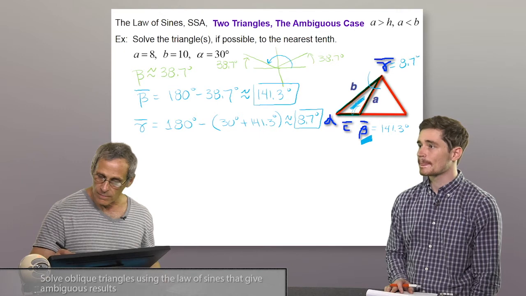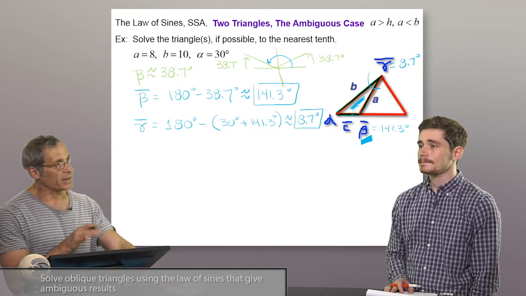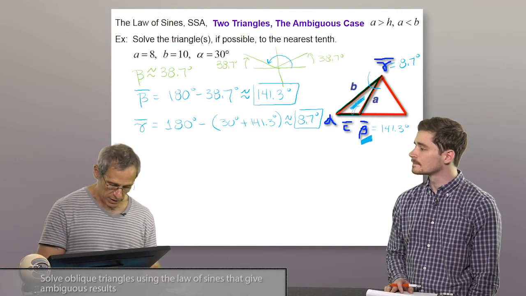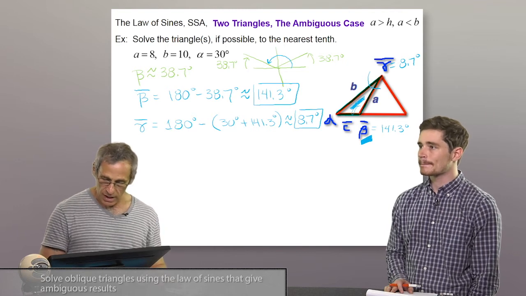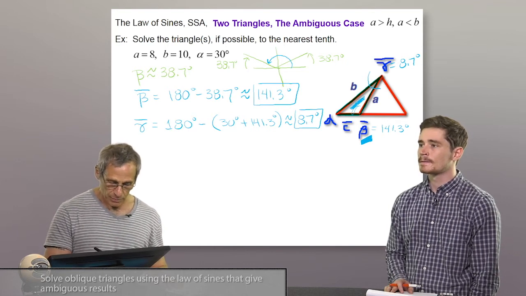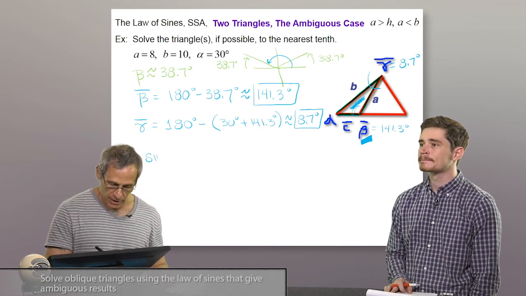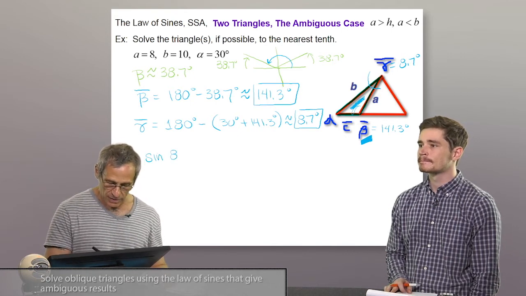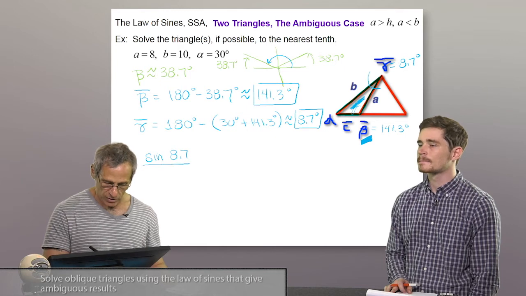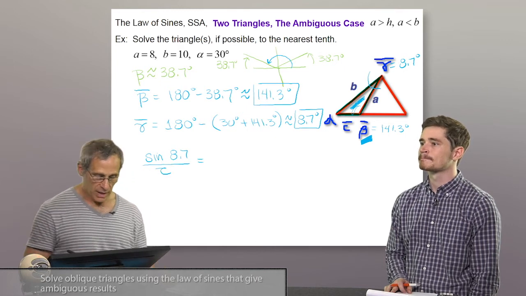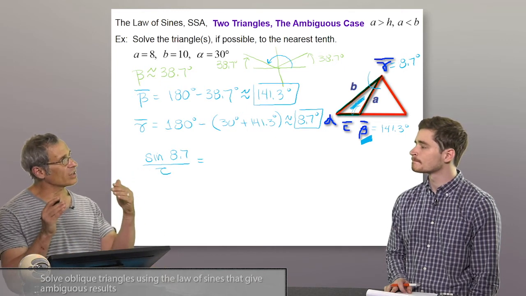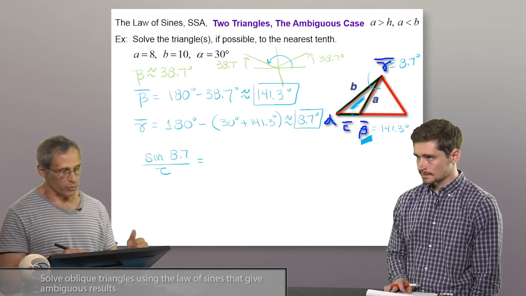It does. And now to find the last piece of information, which is what? Little c hat, is that right? Right. I just do what we've been doing before. And what we've been doing before is taking the sine of the angle opposite c hat, the sine of 8.7 over c hat, and setting that equal to the sine of alpha over a since that was given.